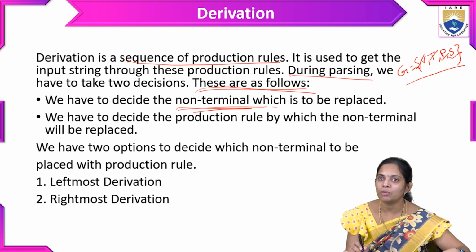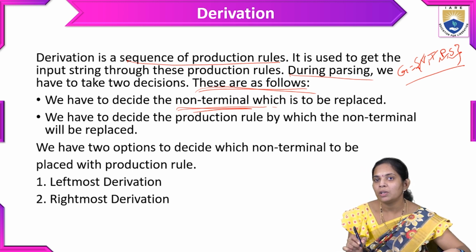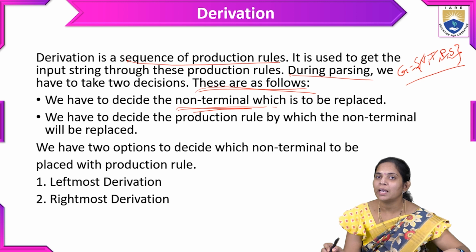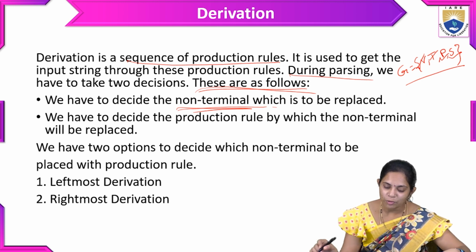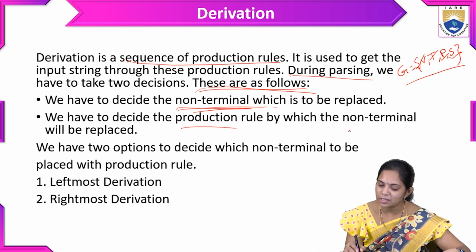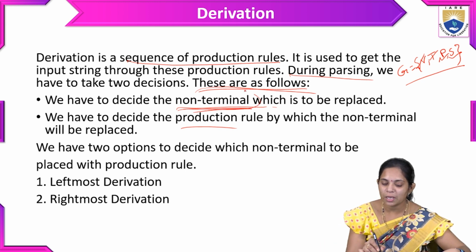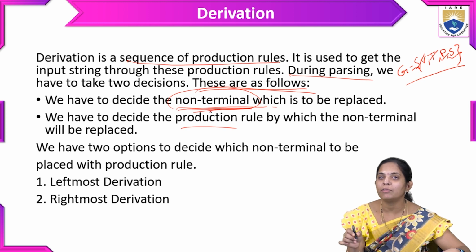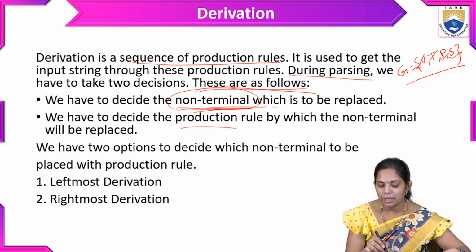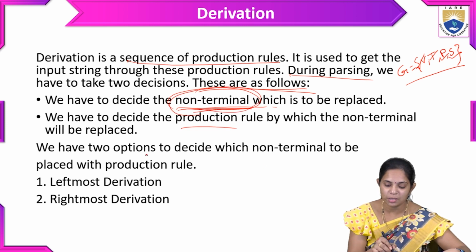And second, we have to decide the production rule by which the non-terminal will be replaced. So the first step is deciding which non-terminal we have to replace, and after that, which production rule we have to use in the non-terminal's place is the second thing.